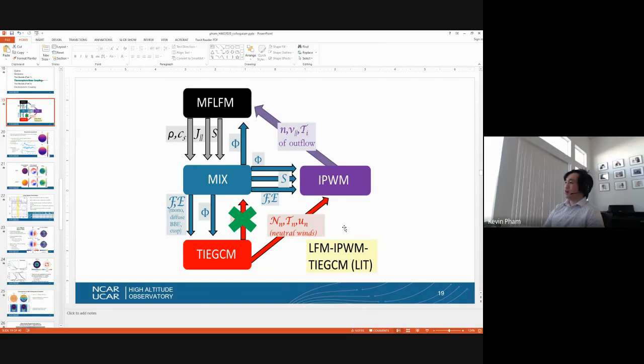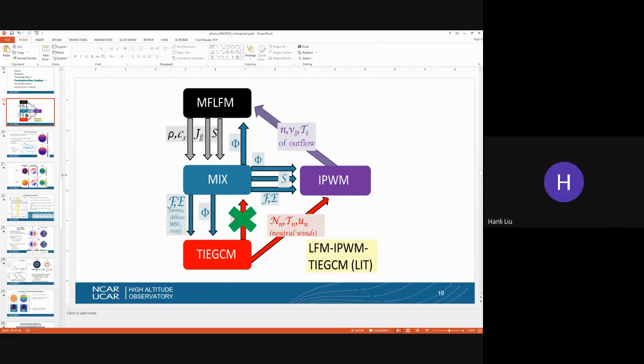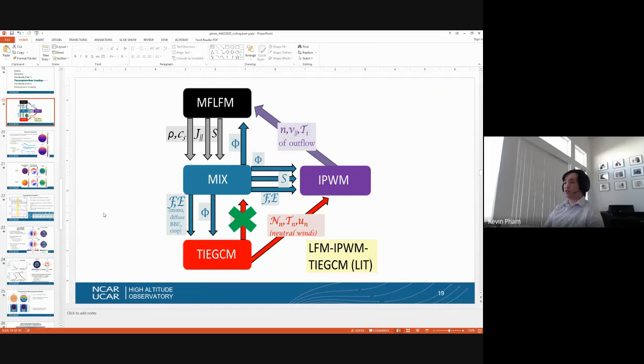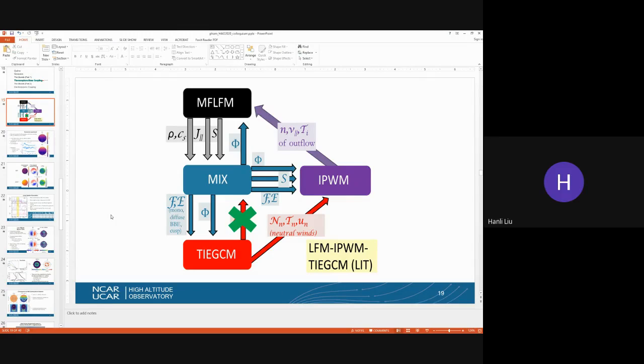If you cut out IPWM altogether, then you're comparing a run that has no outflow with a run that has outflow, as opposed to the experiment we're doing right now, which compares two different thermospheres and how they control two different amounts of outflow, and how they control the characteristics of outflow. I see. Okay. Thanks.